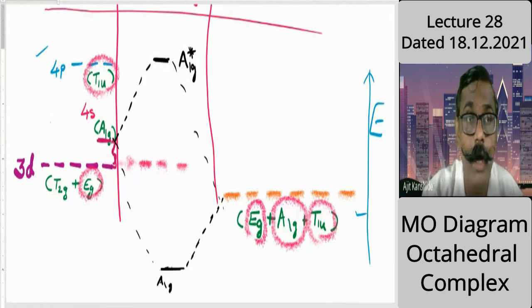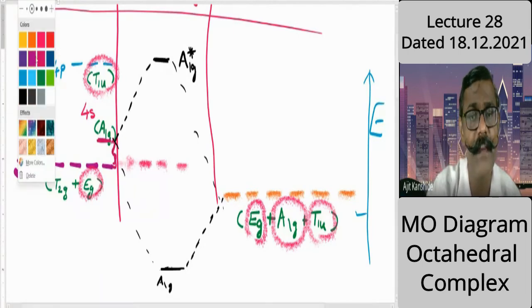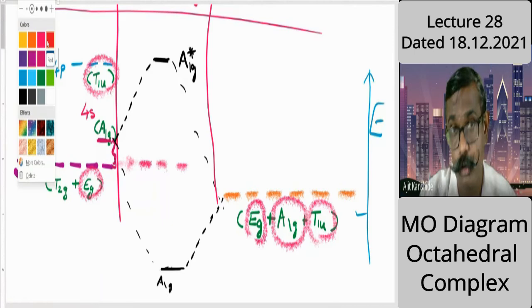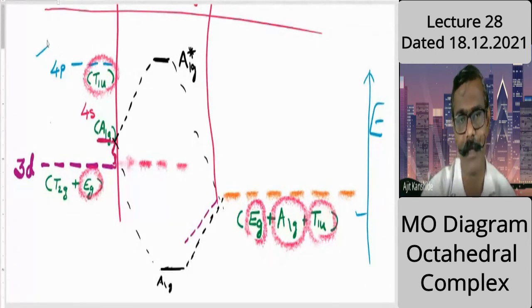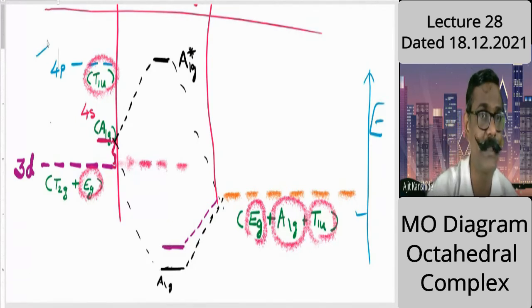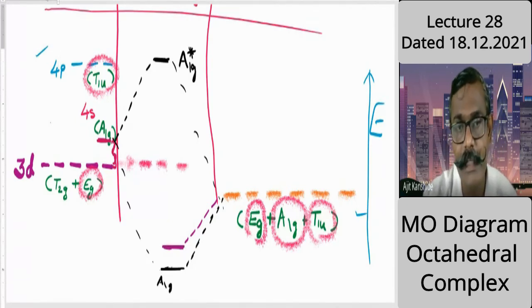Though T1u was there in the race first, that race was won by A1g, now the lower energy orbital. Then the turn comes of T1u. So T1u decreases by 5 dots, time being considered. T1u is a set, so I should represent it by 3 lines: 1, 2, and 3.